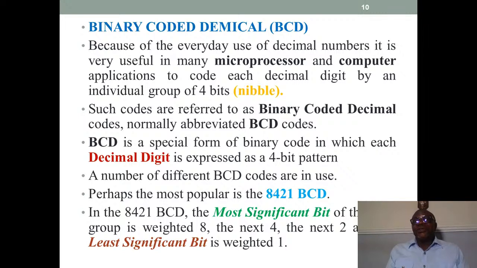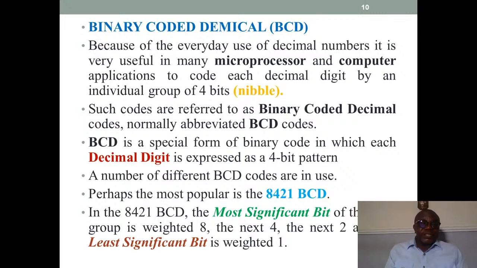Because of the everyday use of decimal numbers, it is very useful in many microprocessor and computer applications to code each decimal digit by an individual group of bits, which is known as the nibble, which is equal to 4 bits. Such codes are referred to as binary coded decimal, normally abbreviated BCD codes.